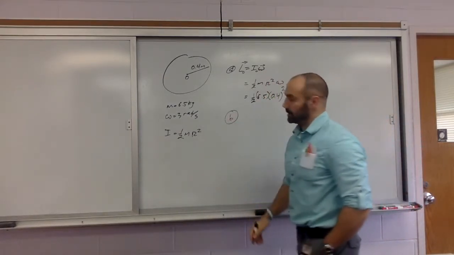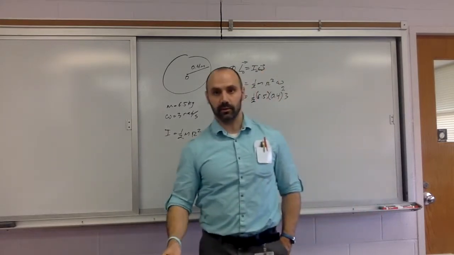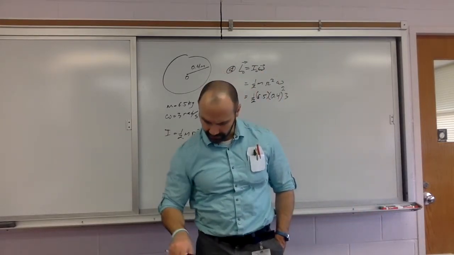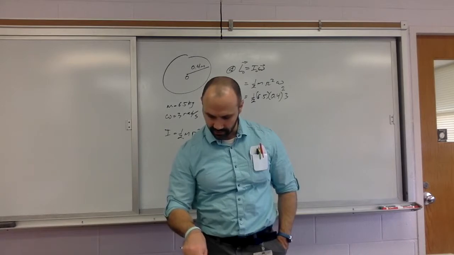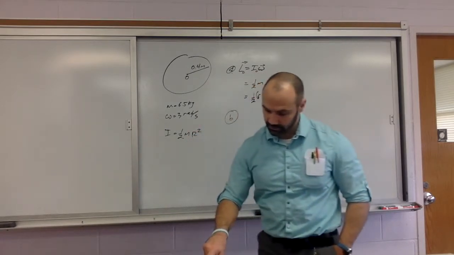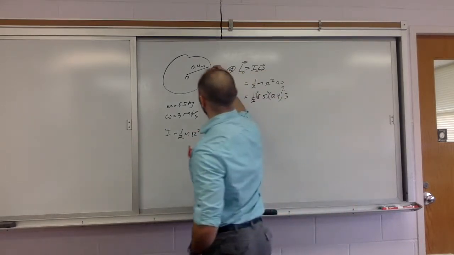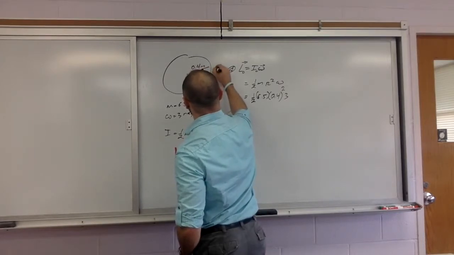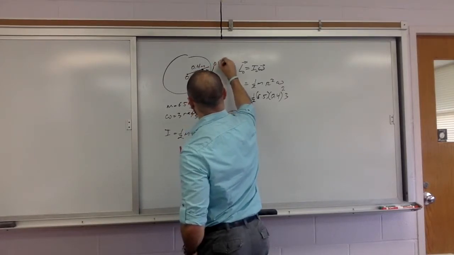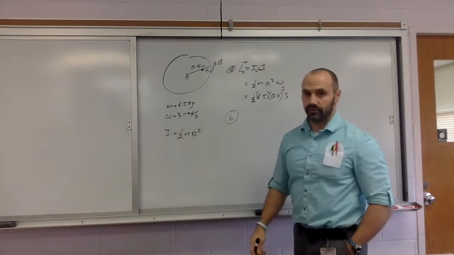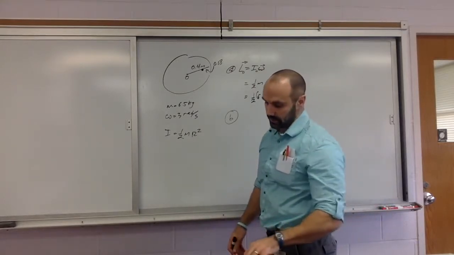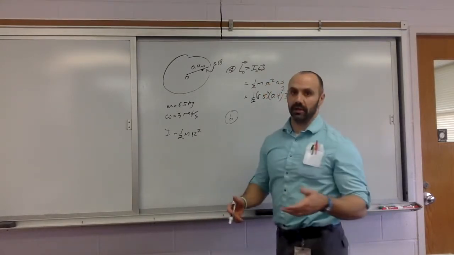Anyway, for B, now we want to know what would be the angular momentum of this thing about an axis that is 18 centimeters from the circumference. So if we're coming in to some new axis here that's 0.18 meters from the circumference, then all I have to do is apply the parallel axis theorem.